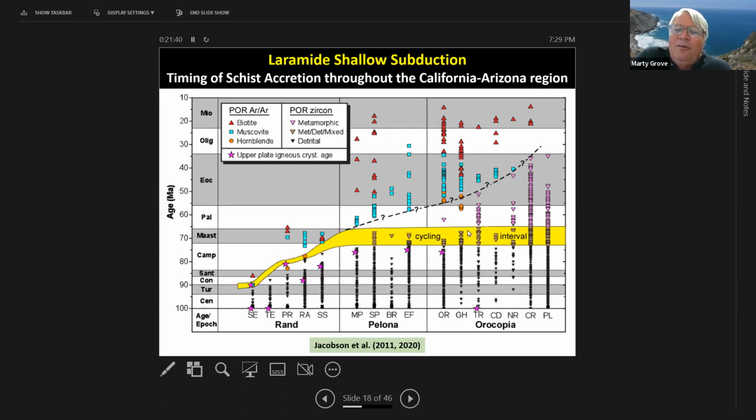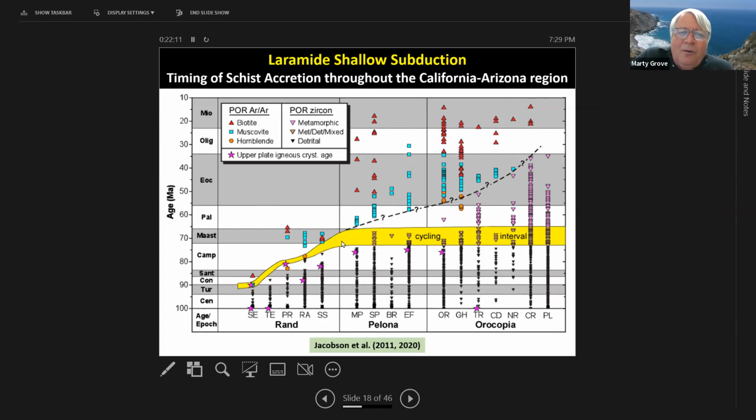And it's also constrained, particularly in the southeastern region, by metamorphic zircon growth, and finally by thermochronology results from the schist. And so as you can see, most of the action here is occurring between the southern Sierra Nevada and the transverse ranges, the San Gabriel Mountains and their equivalents in southeastern California.